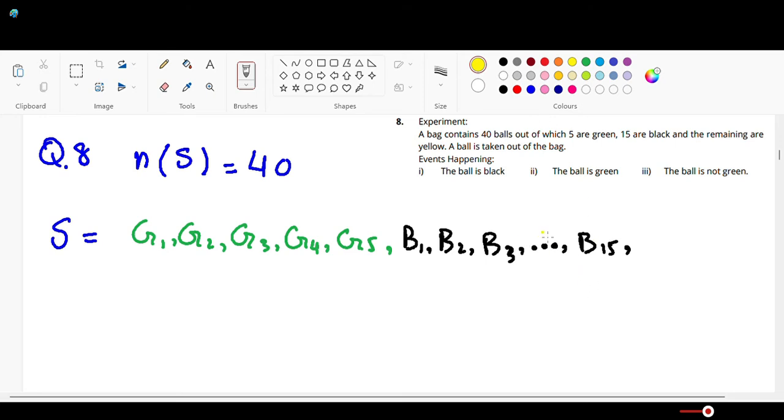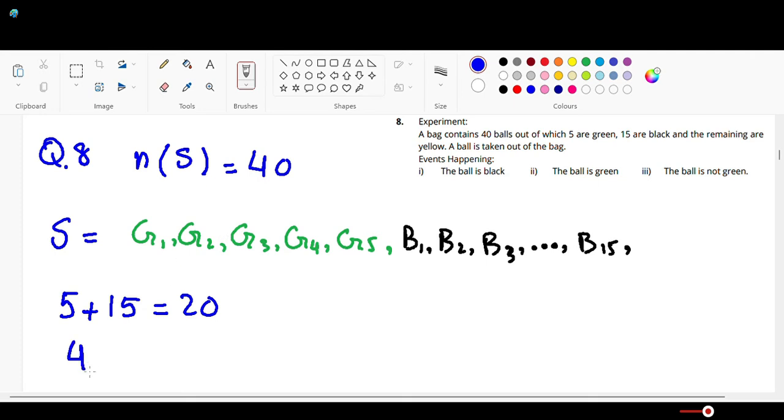First of all, how do we find the number of yellow balls? Well, you can see 40 is the total over here, right? And if 5 of the balls are green and 15 of them are black, the rest are yellow. So if we add the number of green and black balls, that is 5 plus 15, which is equal to 20, and then subtract that from the total balls, which are 40.